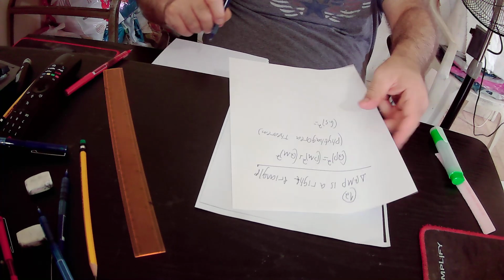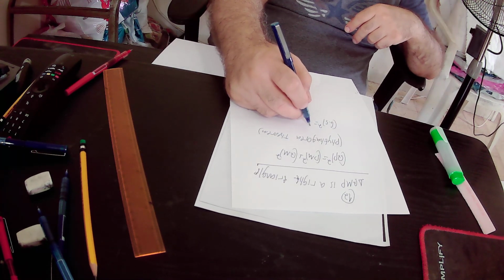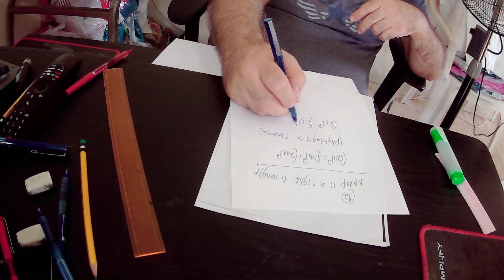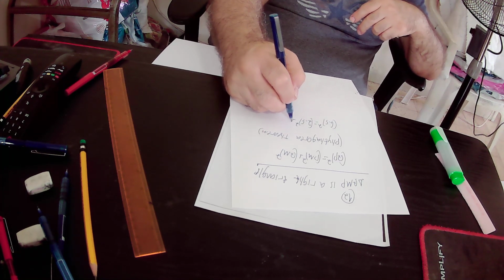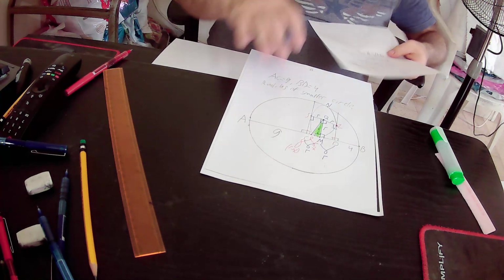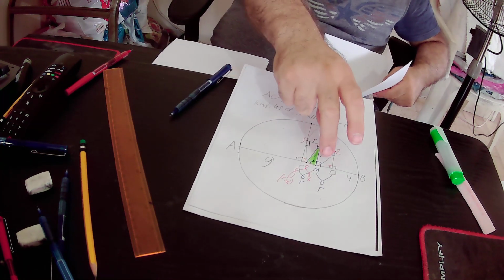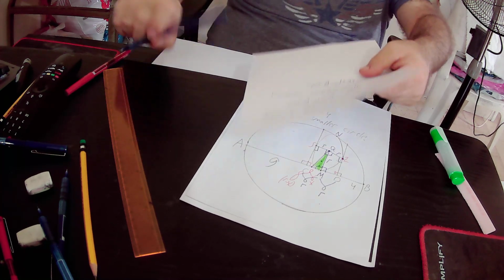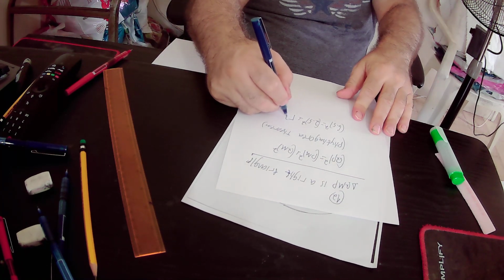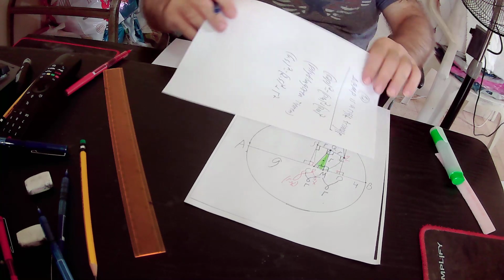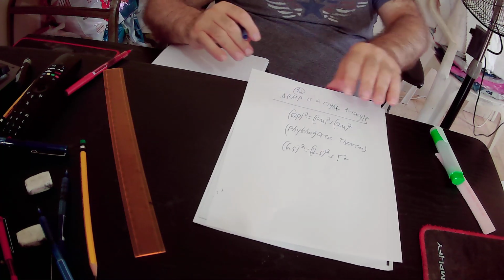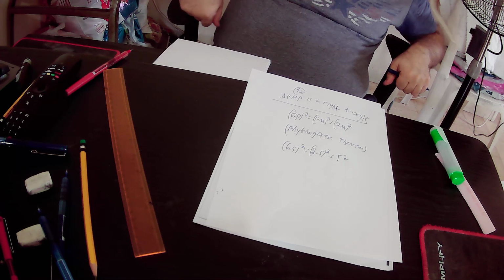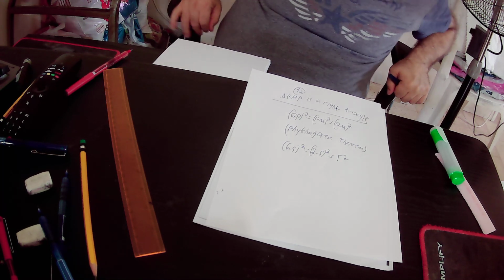So PM squared is 2.5 squared, plus QM squared. QM is the radius of the small circle, so QM squared is r squared. So we got that 6.5 squared equals 2.5 squared plus r squared.